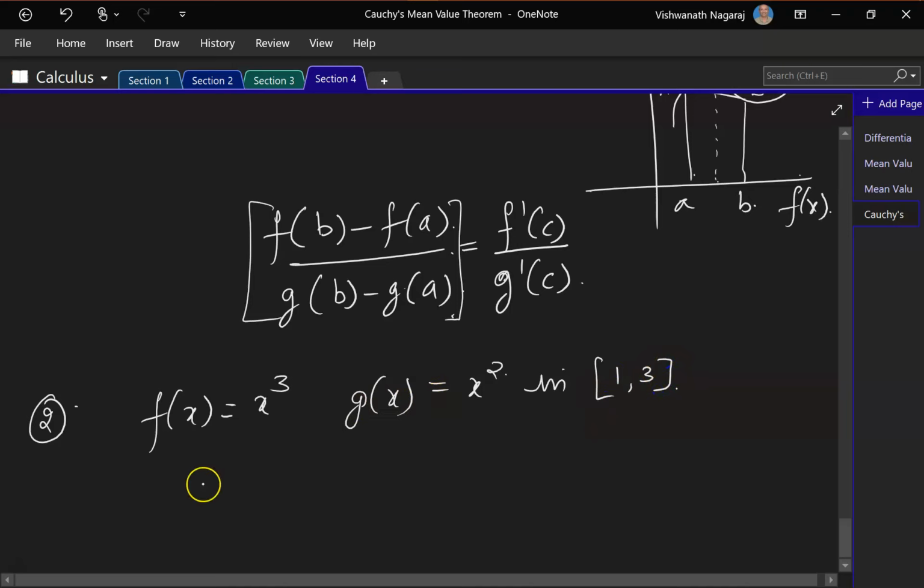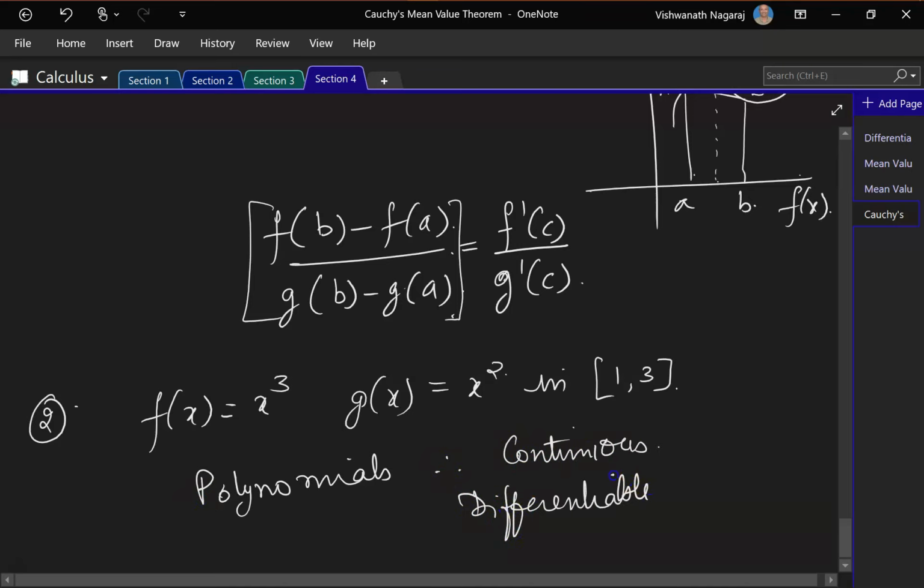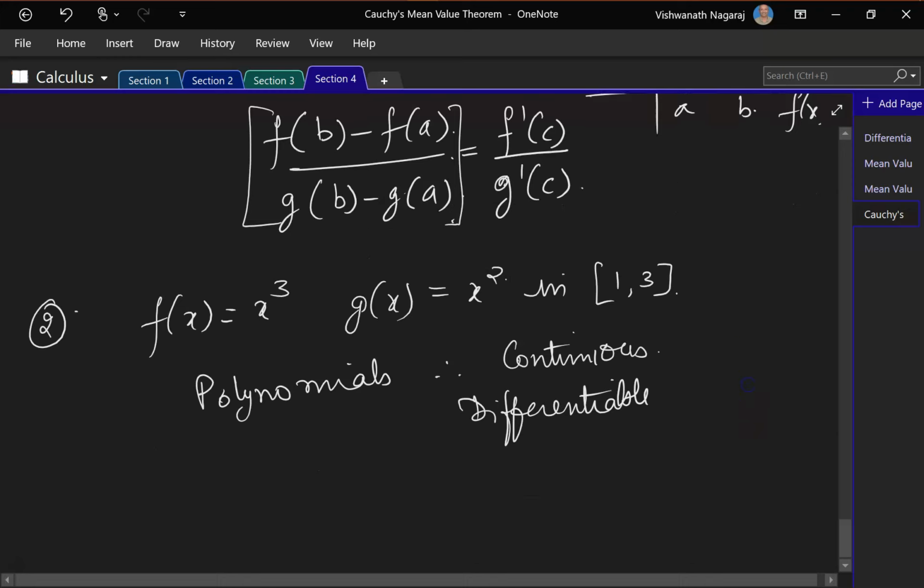These are polynomials, so therefore they are continuous throughout. They are differentiable throughout for all values of x. But specifically in the closed interval 1, 3, they are continuous and differentiable.